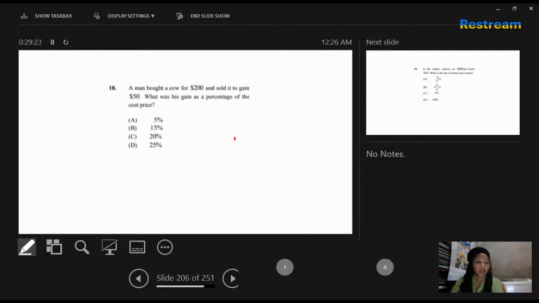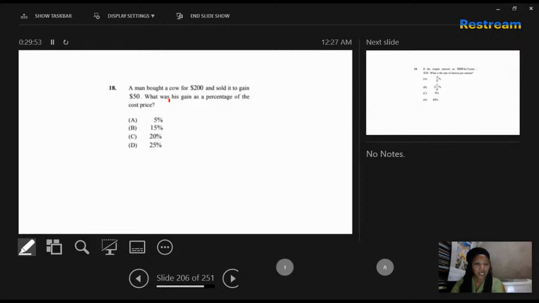Number 18. A man bought a table for $200 and sold it to gain $50. What was his gain as a percentage of the cost? So it would be 50 over 200 times 100.